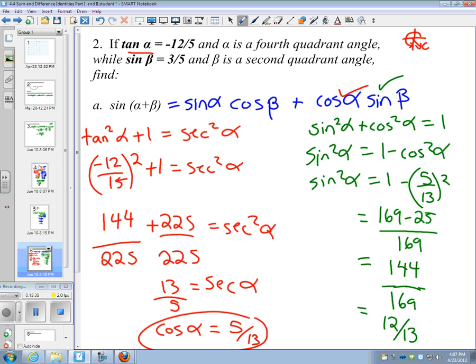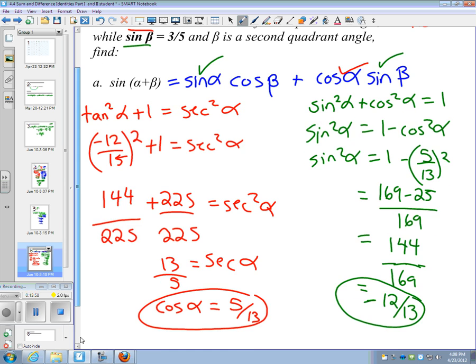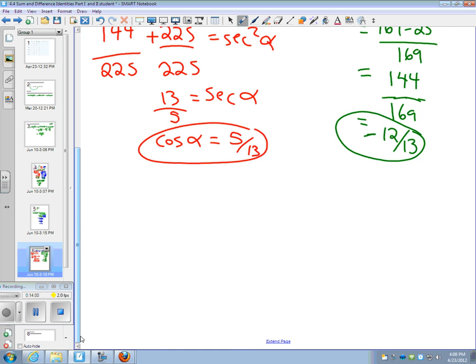Okay, alpha again is a fourth quadrant, so in that quadrant sine should be negative. So we do have to still do some sine analysis. Okay, so now we know sine alpha, and we just need to find cos beta. And the way we can find cos beta is because we already know sine beta. So cos squared beta is equal to 1 minus sine squared beta.